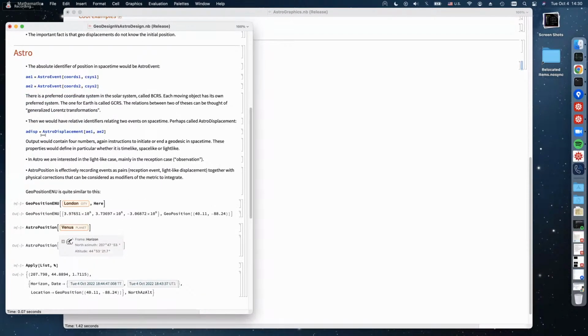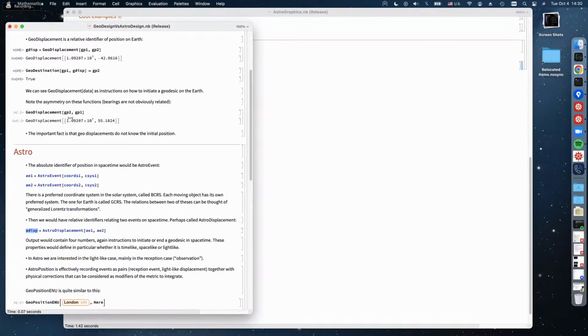But the point is that we would have this Astro displacement, and this Astro displacement is the thing you have in mind when you think, is this light-like? Is this space-like? Is this time-like? The numbers inside will be the vector that indicates how to start the geodesic in space-time, exactly as this geodisplacement.